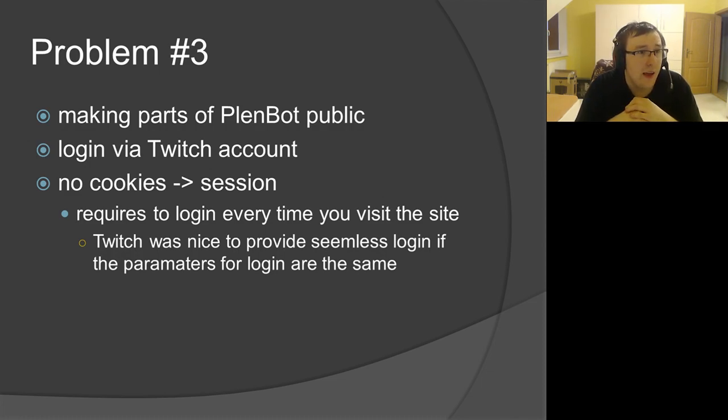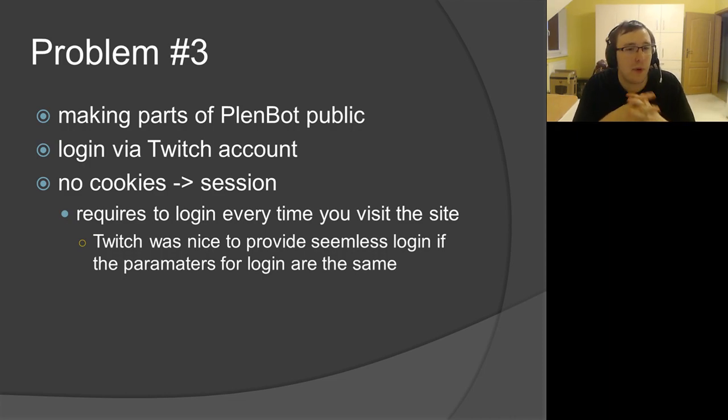But essentially, with the website, I was making a few parts of the Plembot public. So if there was an error, it's going to be heavily visible on the site because, for example, the get rank function will return the latest rank, like rank 5000-something, like it was recently bugged, as you've seen.